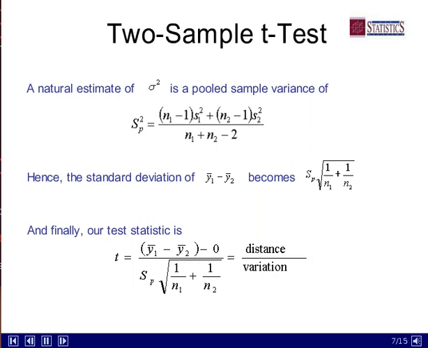Doing the same thing here. Now what we're talking about is distance, how far are the two means from each other. The further apart they are, the more likely that something is going on. So that's our distance now. But again, we cannot say that that distance is big or small unless we have an idea of variation.